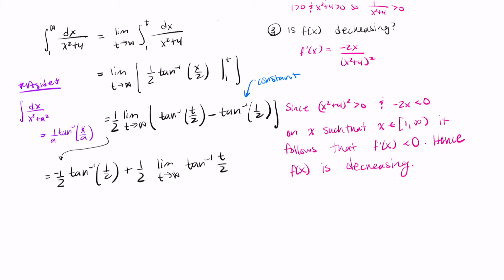What is happening is t gets very large. This is where you need your trig thinking caps. The graph of inverse tangent has a horizontal asymptote at y equals pi over 2. Its graph looks like this on this side, and in the other direction it'll have a similar horizontal asymptote, y equals negative pi over 2.